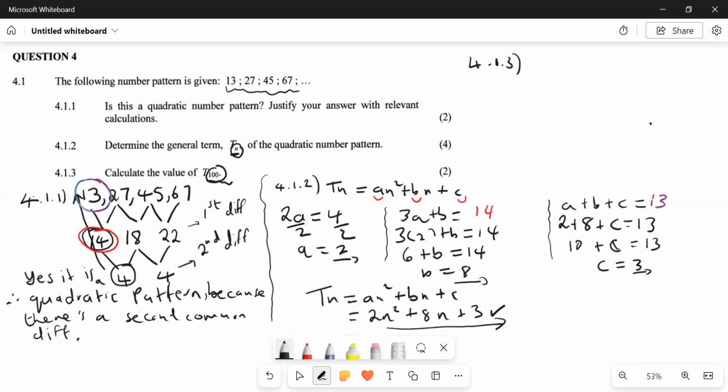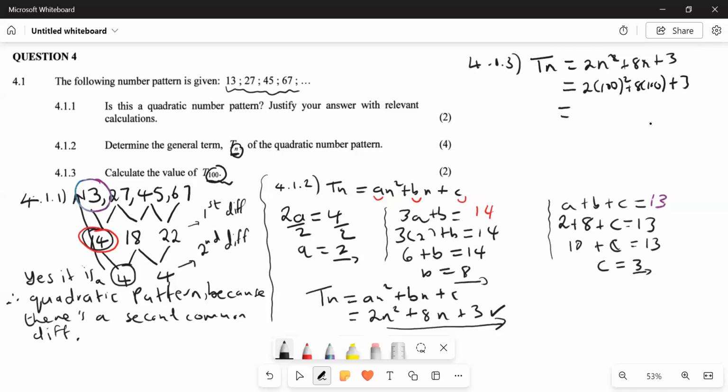So Tn is equal to 2n squared plus 8n plus 3, equals, so now we have 2 times 100 squared plus 8 times 100 plus 3, right?